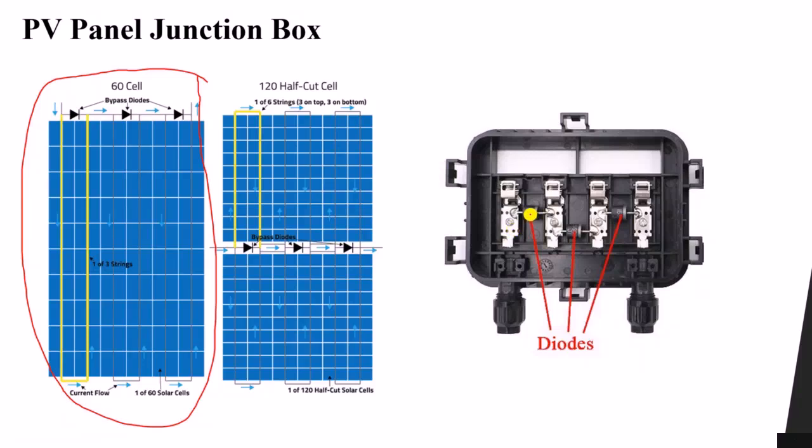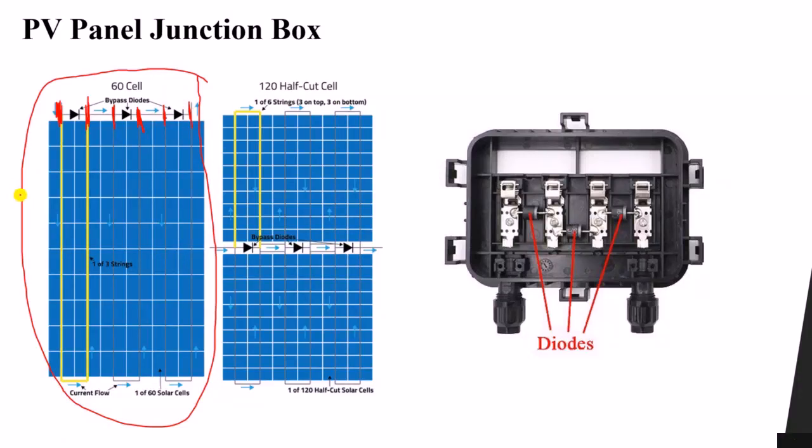Each diode takes 2 rows of the cells. So 1, 2, 3, 4, 5, 6 rows. We have one line here, a second line, and the third one here.